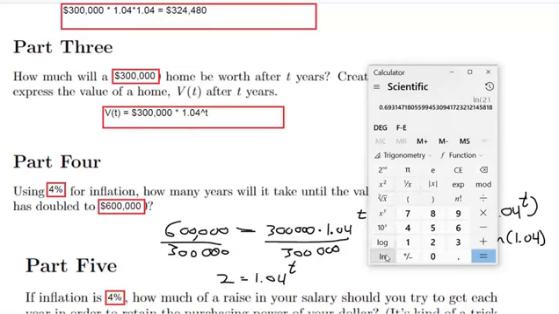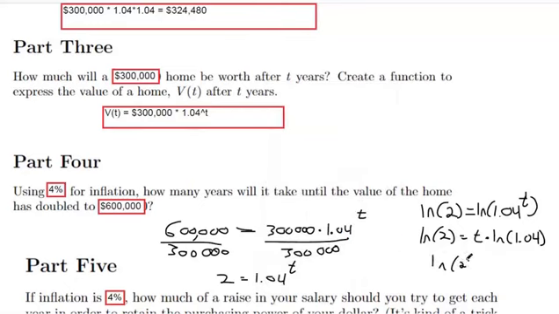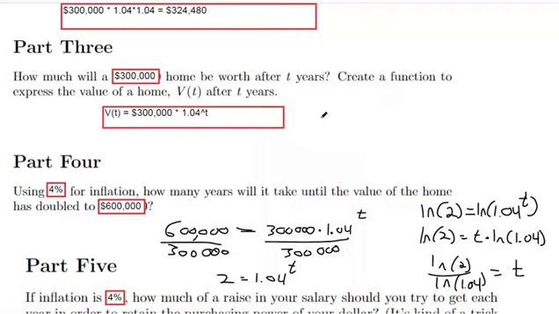Natural log of 2 is a bunch of decimals, and natural log of 1.04 is a different bunch of decimals. So I'm going to copy what natural log of 1.04 is, because I know I need to type that in second in my calculator. Okay, so it's natural log of 2 divided by what I got from natural log of 1.04. So that's 17.67 years is how long it would take to double.